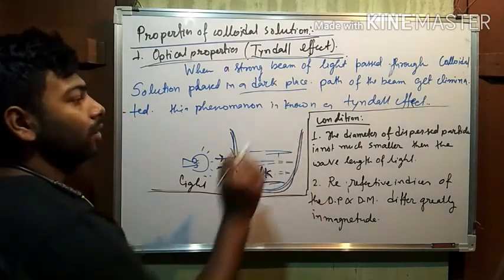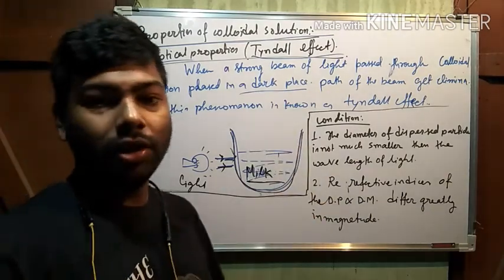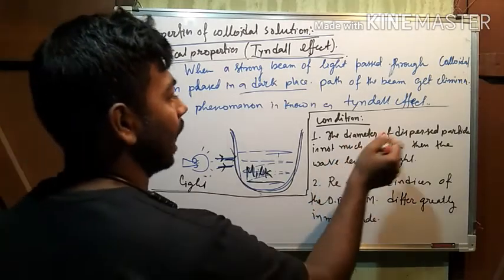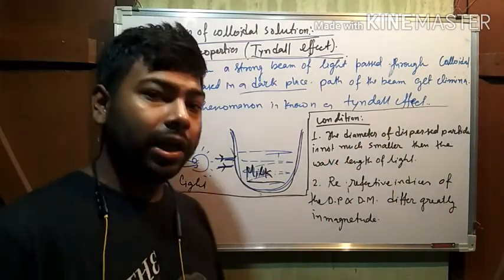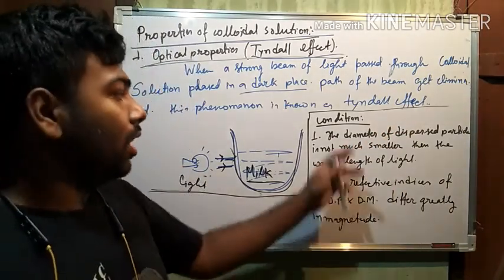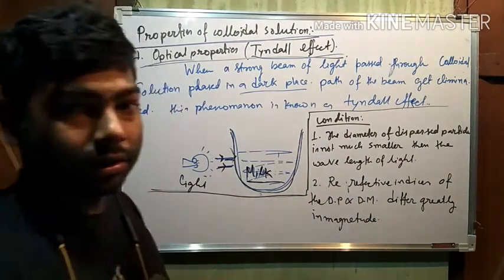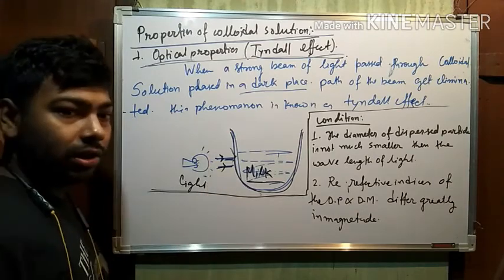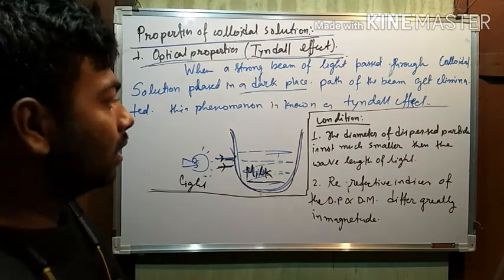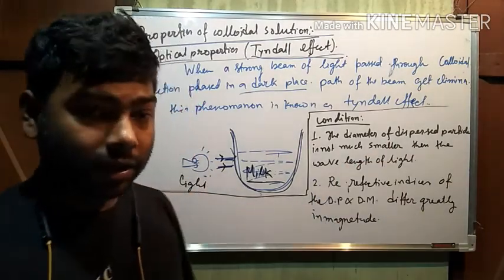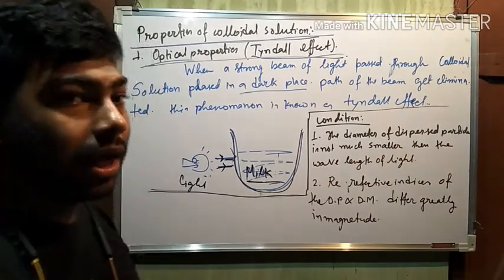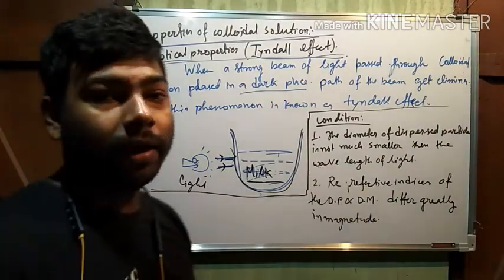Now, it has two conditions. First condition is the diameter of the dispersed particle is not much smaller than the wavelength of the light. Since it is light, no, that means it has some wavelength. The diameter of the dispersed phase is not so much smaller than the wavelength of the light.